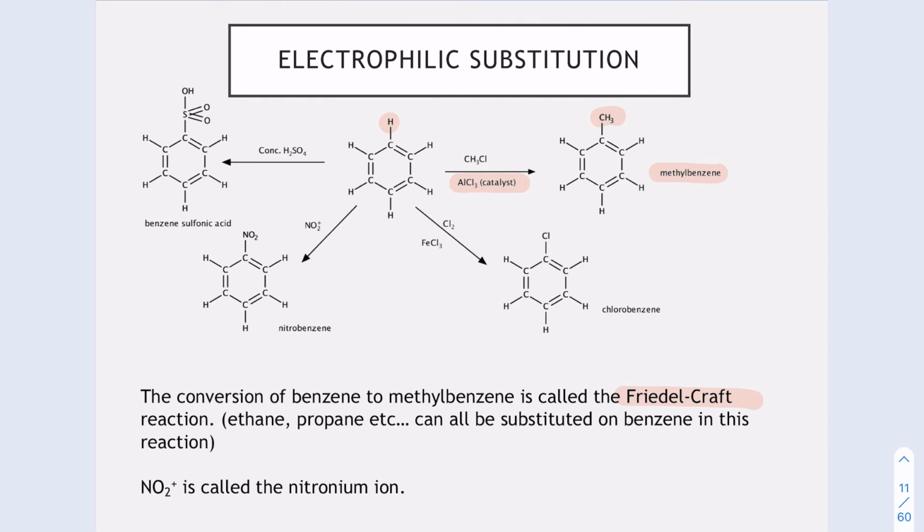Let's have a look at the other side. We can use concentrated sulfuric acid to add a sulfonic acid group, making benzene sulfonic acid. Further down we can add NO2+, which is called the nitronium ion, to add on NO2 at the top. And then last but not least, as we've mentioned previously, we can add chlorine to make chlorobenzene.